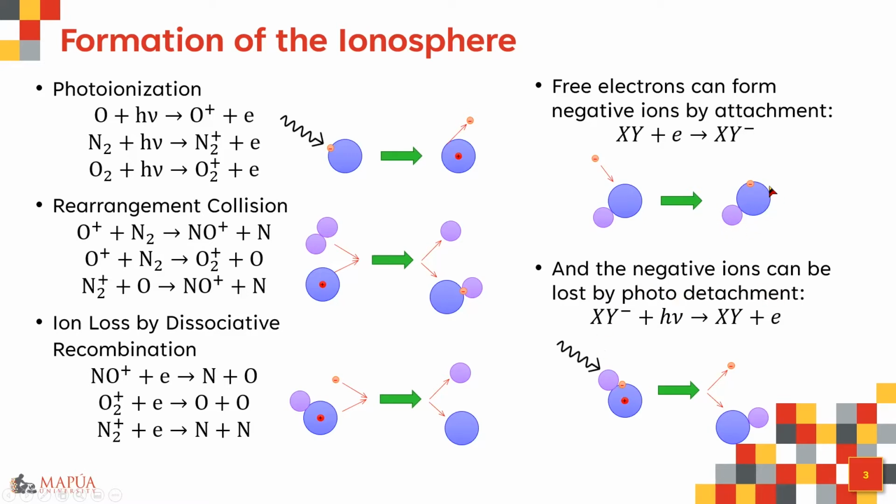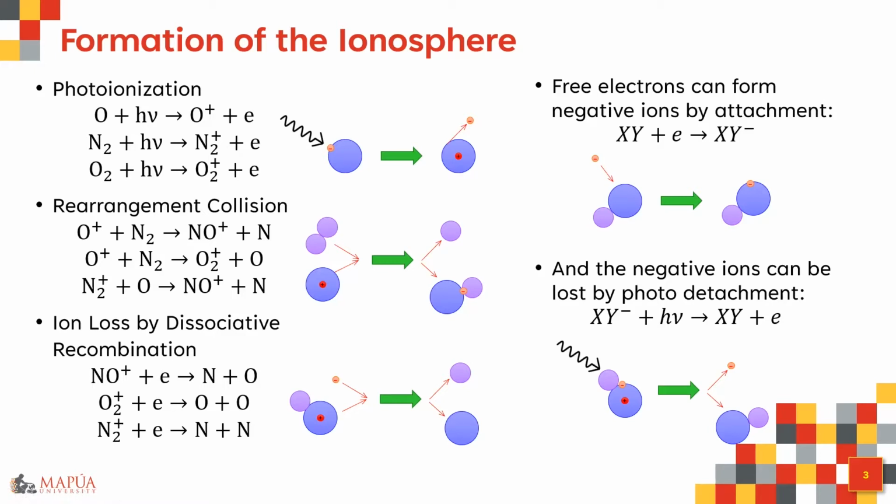If a negatively charged ion is struck by photons, the energy from that photon will detach the electron, forming a free electron and a neutral atom. So these are some of the processes involved in the formation of the ionosphere.